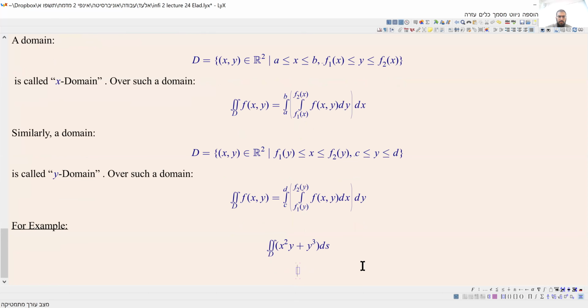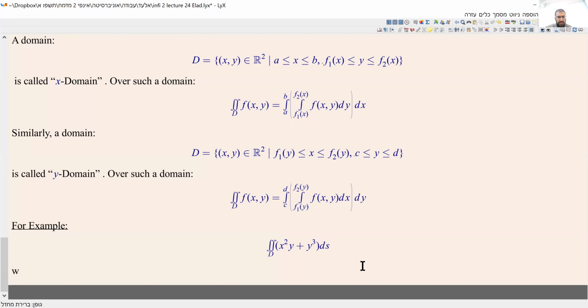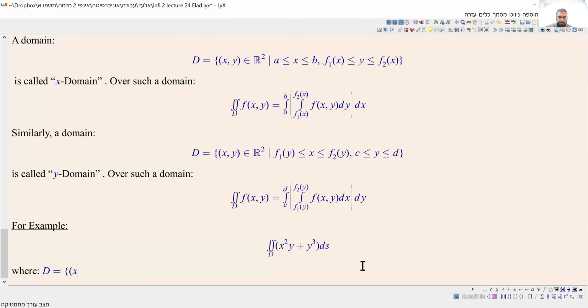Where D is the following domain, all the points in R2 that satisfy x is between y cubed and y, while y is between 0 and 1.